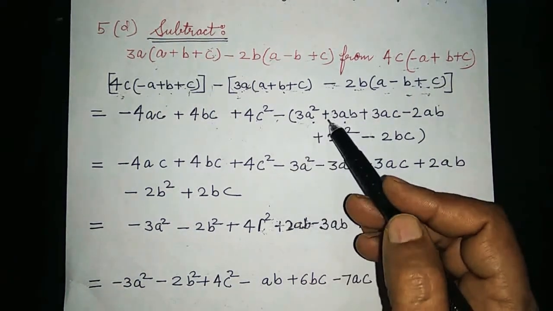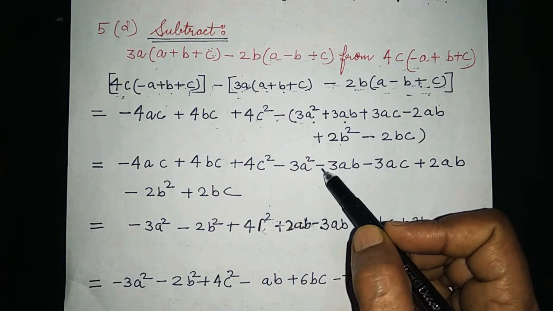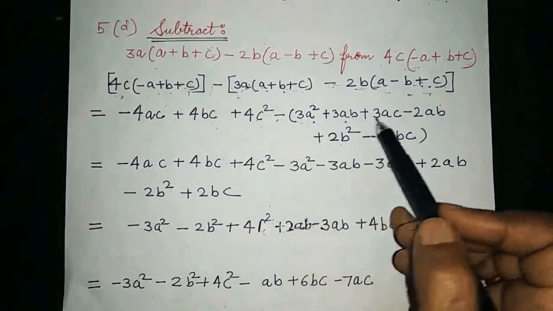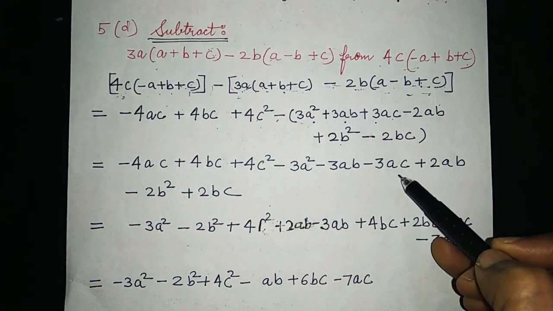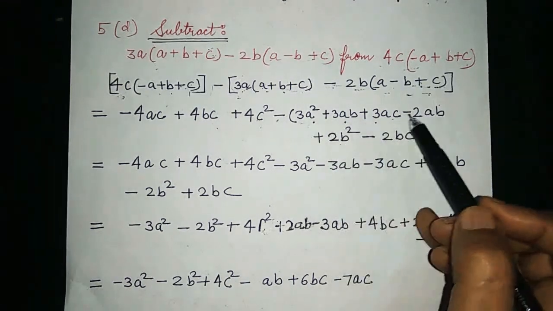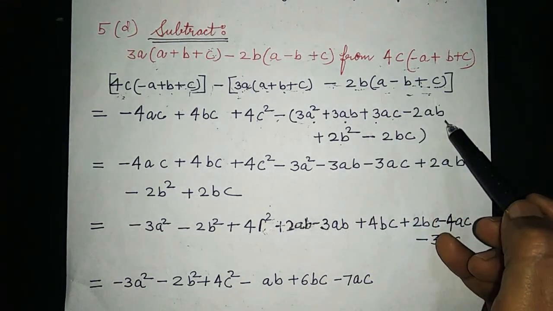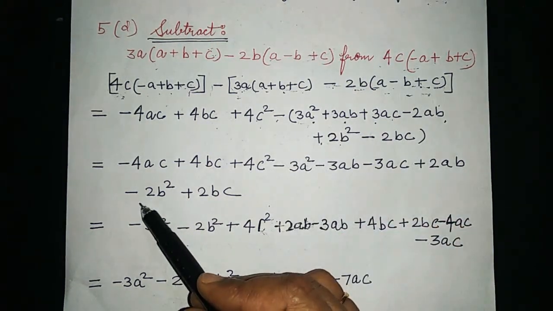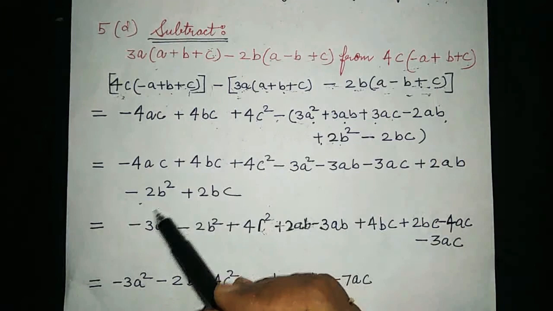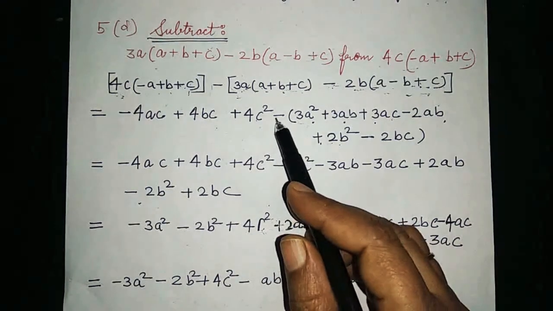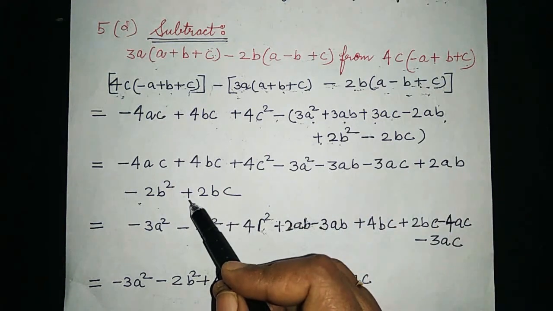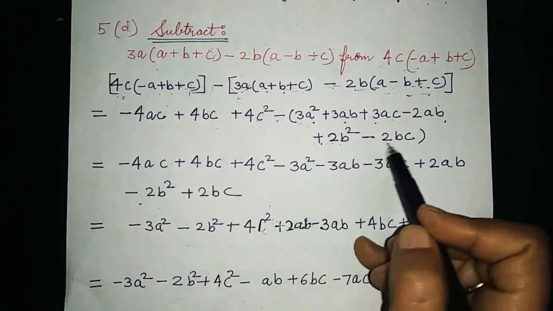This minus and this plus will be minus, and 3a we will write. Minus plus minus 3ac. Minus minus plus 2ab. Minus plus minus will come, and 2b square we will write. And here this minus and this minus, if we multiply, comes plus 2bc.